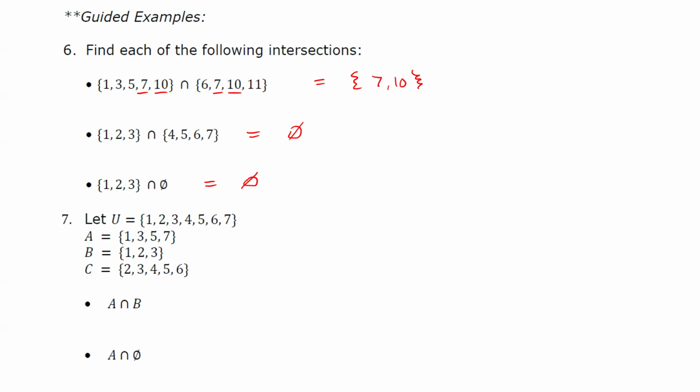For number 7, we are given a universal set, a set A, a set B, and a set C. Our first question is asking us to find the intersection between A and B. So we want to identify the elements that they have in common, and that would be the numbers 1 and 3.